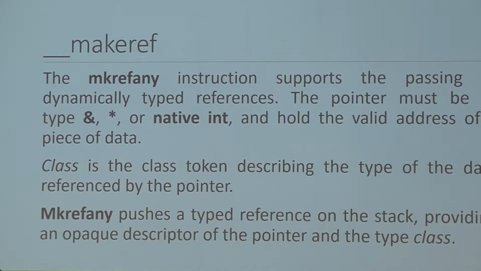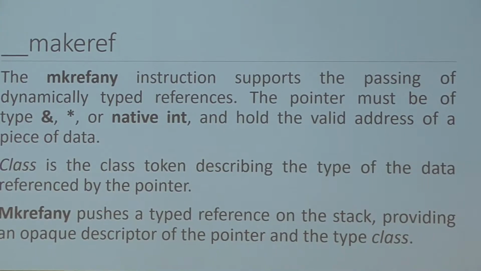And the answer is we'll use this __makeref keyword, which is in C# since the very beginning, like I said. And this gives us something which is called typed reference. It's a different type of reference which is actually pointing to the reference. So we'll have object, reference pointing to the object, and finally typed reference pointing to the reference, pointing to the object. So it will be like two-star programmers.